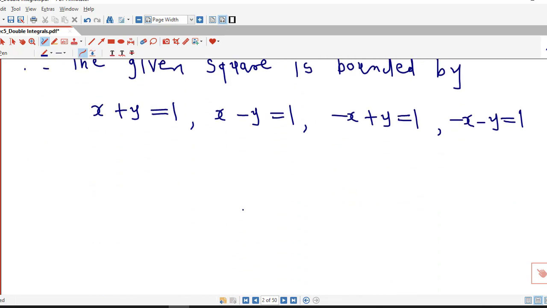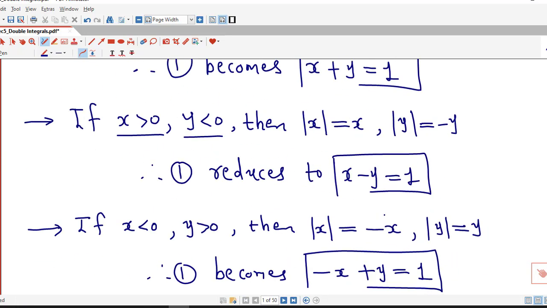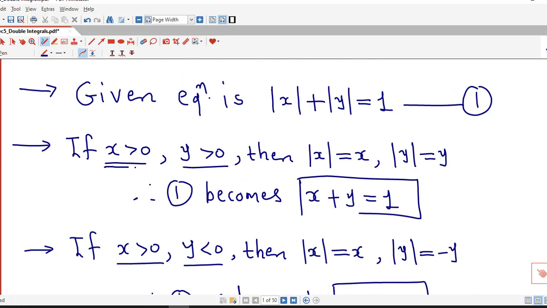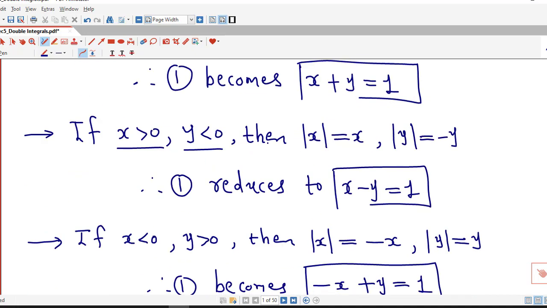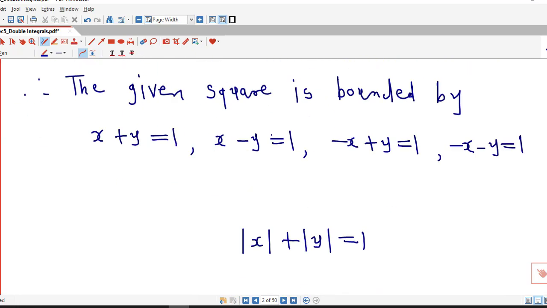And if you are able to understand directly, then you don't have to write down all those things. These things I have written, all these different possibilities, for understanding. If you are able to write down all these lines directly from this, then also you can write them down.